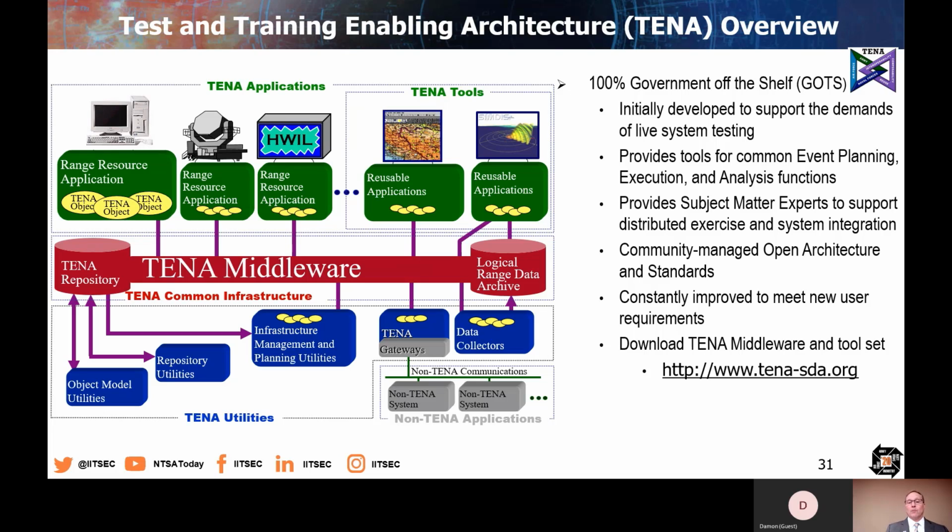TINA provides a suite of gateways to enable it to communicate with HLA and DIS and other legacy range protocols that you see across the test and training ranges, and then common data collection capabilities. So if you have a common object model and common middleware, then it's really easy to build these tools that you can share across the community.